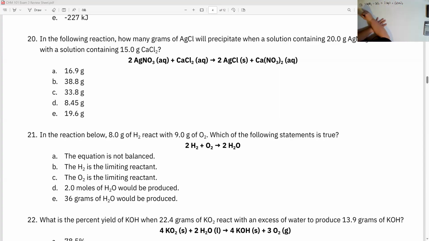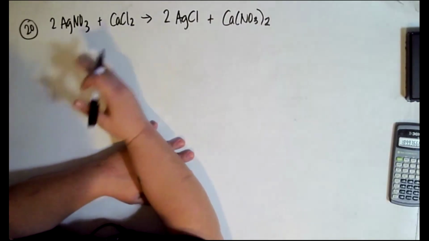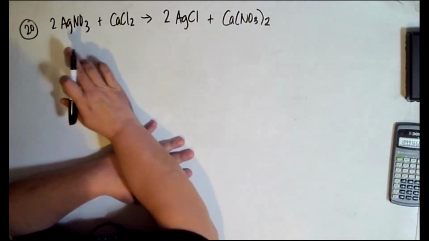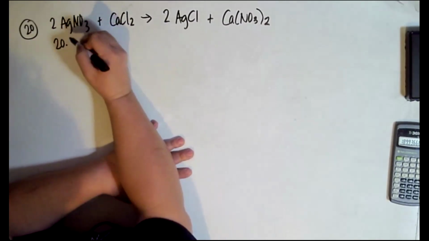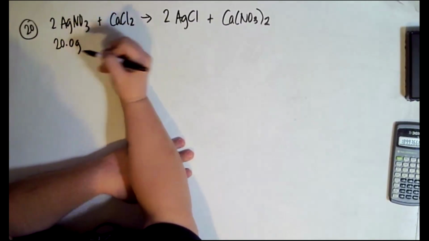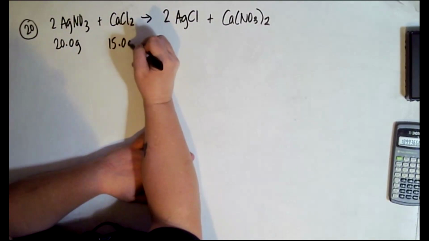And I would recommend, again, writing the values from the question underneath the components of your balanced reaction where you find them. So my 20 grams of AgNO3, I'm just going to write it down here. And my 15 grams of CaCl2, I'm going to write it over here.